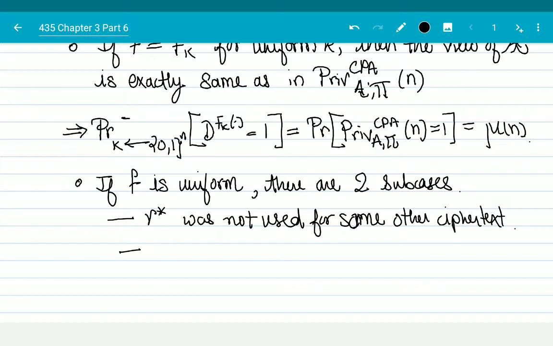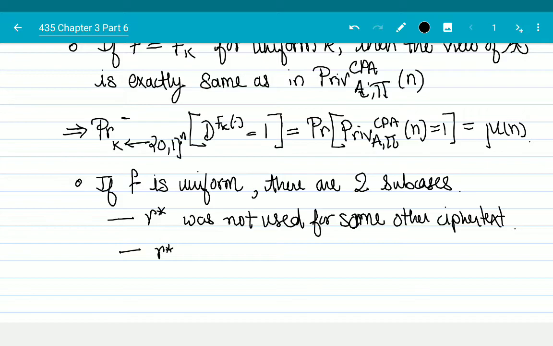A made Qn queries to the encryption oracle to get encryptions of messages M that it desired. If R star was never used, then we are in the first case. But since they are chosen uniformly and randomly, there is a chance that it might have shown up before.